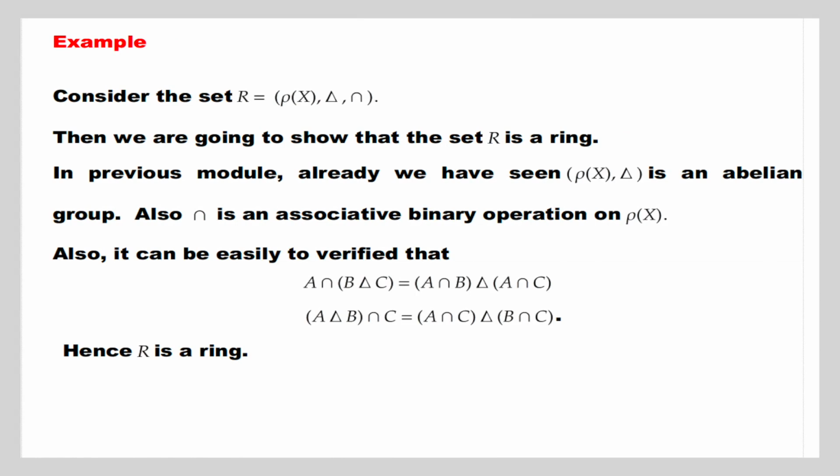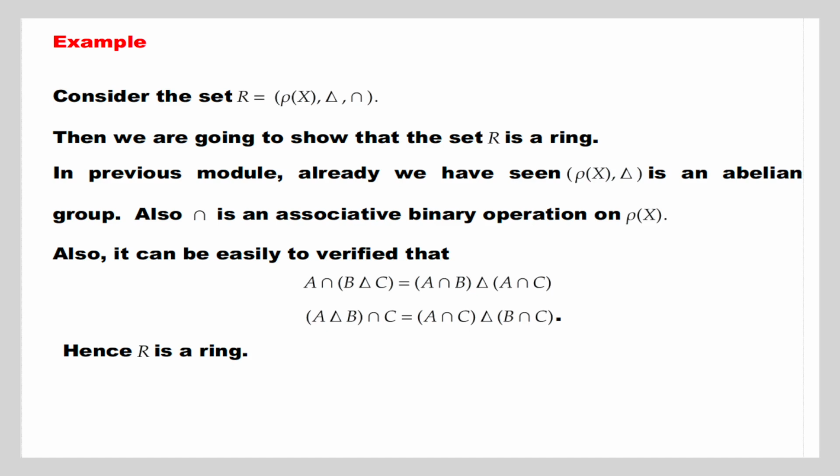Example, consider the set R equal to P(X) with Δ and intersection. Then we are going to show that the set R is a ring. In the previous module, we have already seen that (P(X), Δ) is an abelian group.